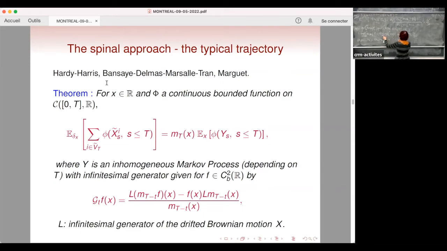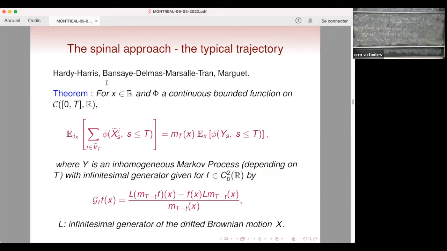So you have L of f m capital T minus t, but here, since m depends on t, you have an additional term, which is minus f of xt times the derivative with respect to t of m capital T minus t of xt. Sorry, we integrate between u and t, so I will take small s. Plus a martingale part, okay, by the Itô formula.